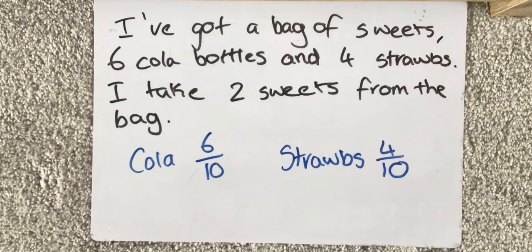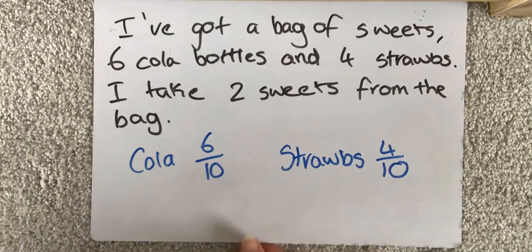Now I'm not just taking 1 sweet, I'm taking 2. So what I can do is put this into a tree diagram. This is the easiest way to really deal with dependent probabilities. You can do other things with them, but I really recommend for these type of questions that you use a tree diagram.